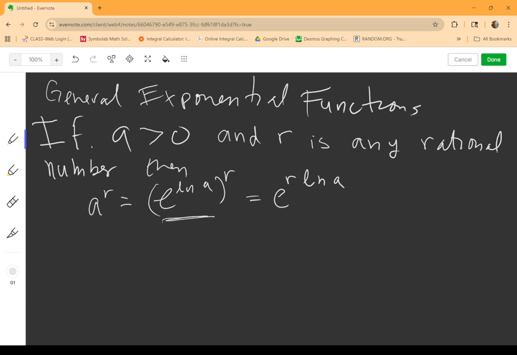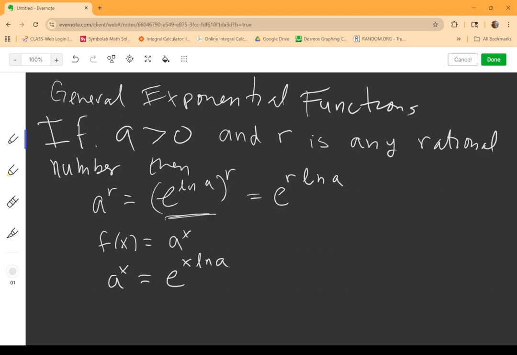So this will lead us to define the function f of x equals a to the x. That means a to the x, a function of x, is really e to the x ln of a.